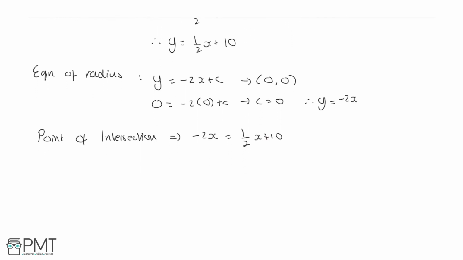So let's take all the terms to one side. We have -2x - half x, so this is -2.5x = 10, and x = 10 over -2.5, which is -4.